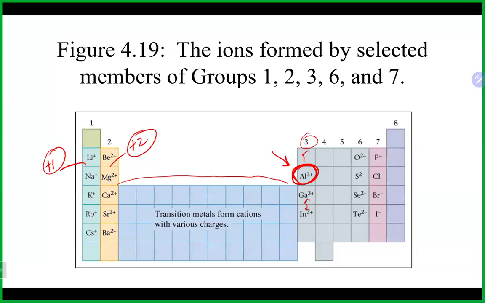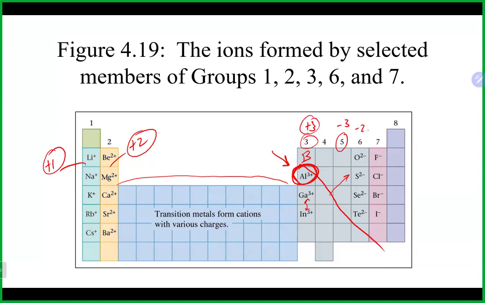Right here where boron is, we have that staircase coming down, and going up from the right of that staircase are the nonmetals. We skip group 4 as there's no real good pattern. But group 5, they tend to form -3.